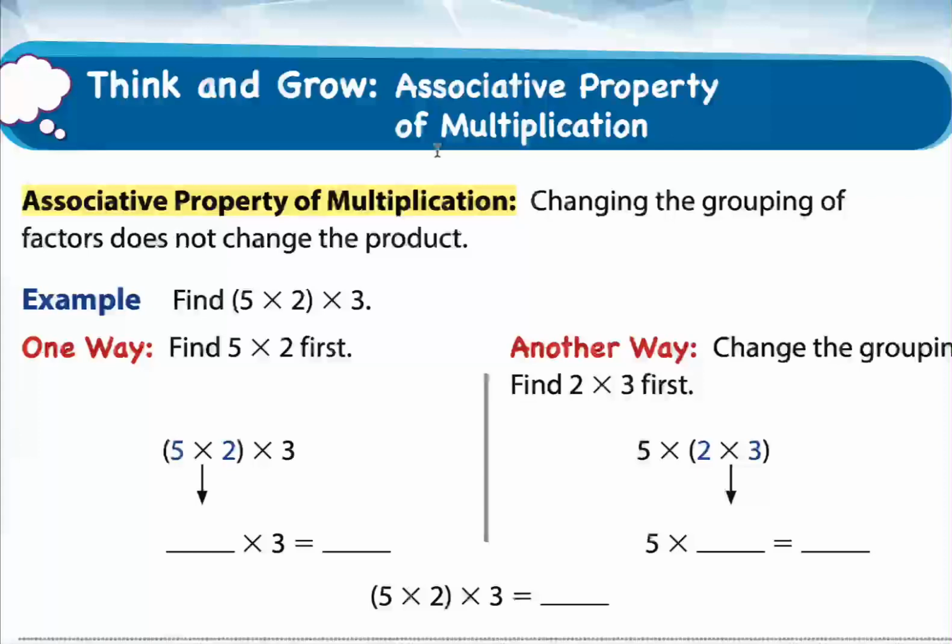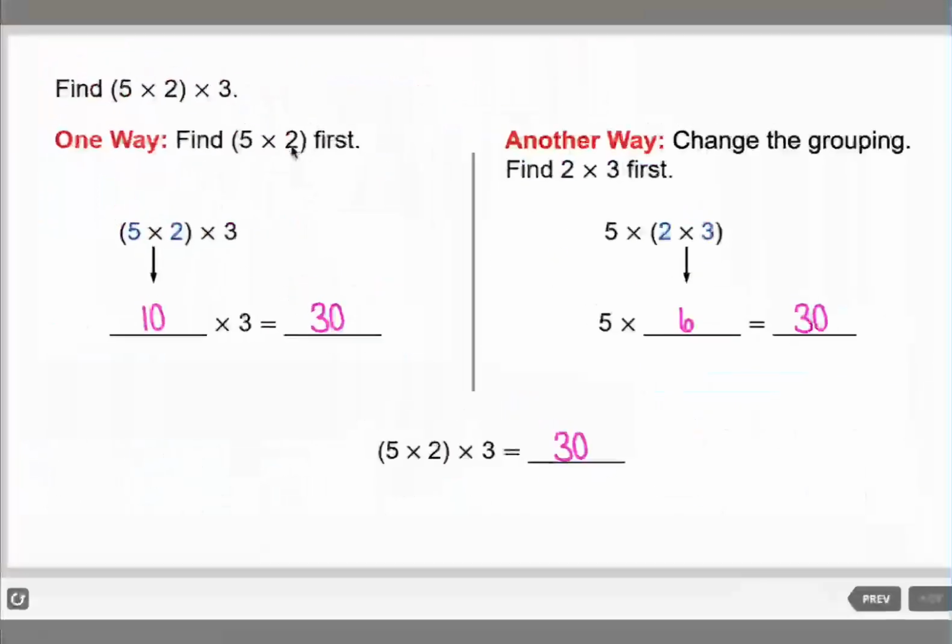You can multiply the second and the third, then multiply the first. This is grouping. Since we multiplied these two first in the first time, in the second time we multiply the second and the third factors. And we get the same product. We get the same answer.